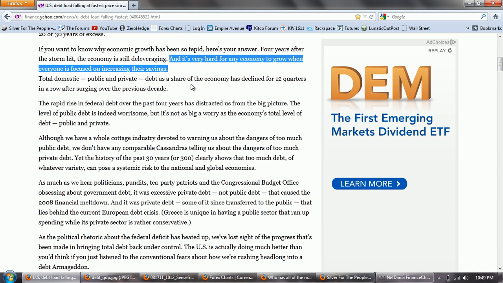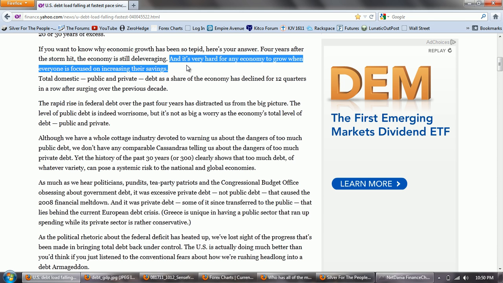Okay, so here's your Keynesian Kook analysis. What the Keynesian Kooks believe in is that economies grow by going into debt. Of course, the exact opposite is true.